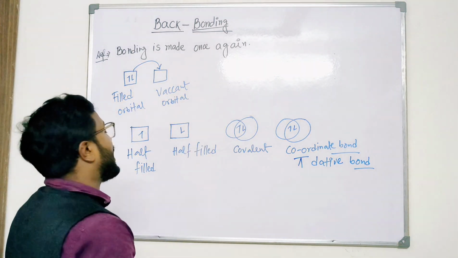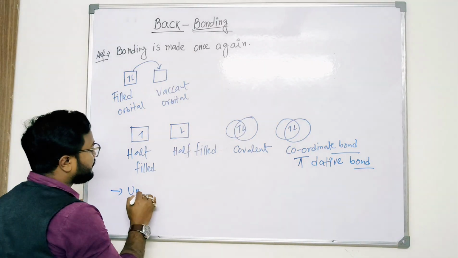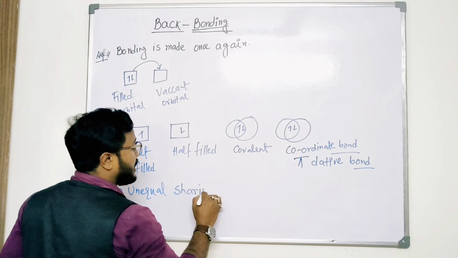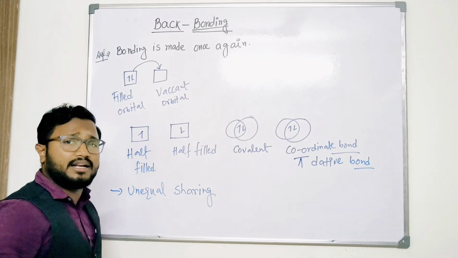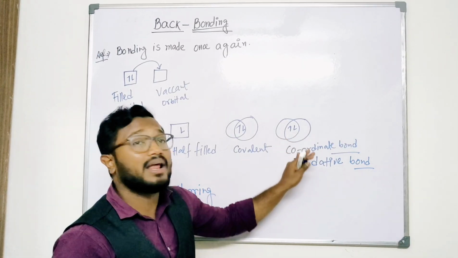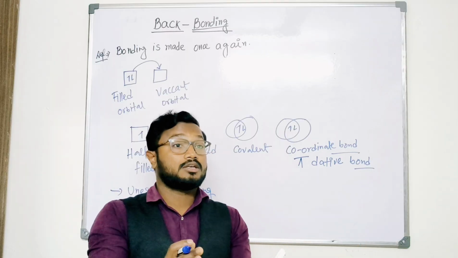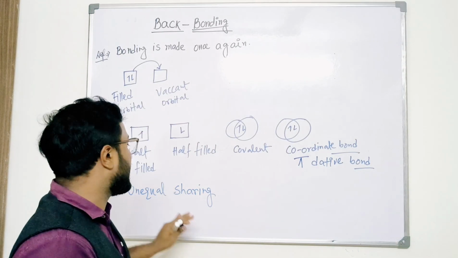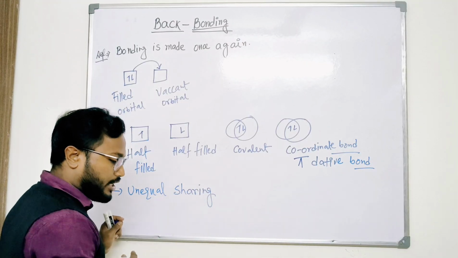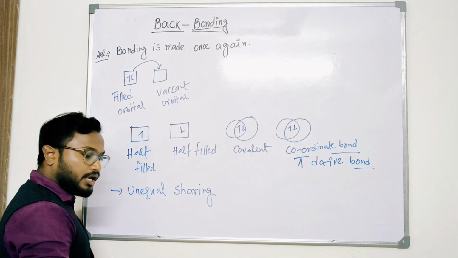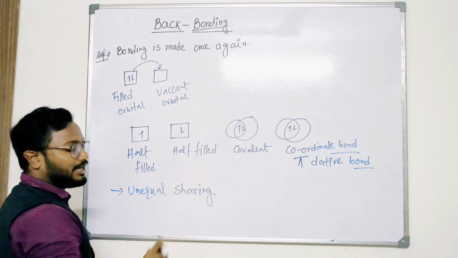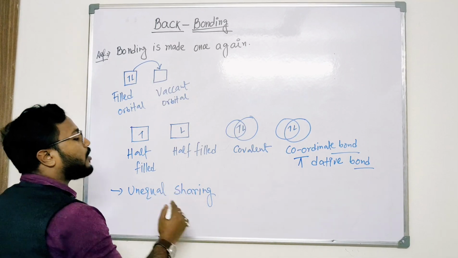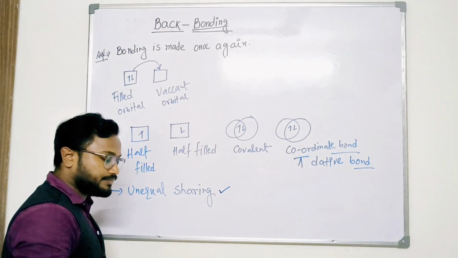This back bonding happens because of unequal sharing. Obviously it is unequal sharing. How can I say it is unequal sharing? Because one has no electron and the other's orbital is completely filled. That's why I am saying it is unequal sharing of a pi dative bond, and then the back bond is formed. So the back bond is formed by unequal sharing.